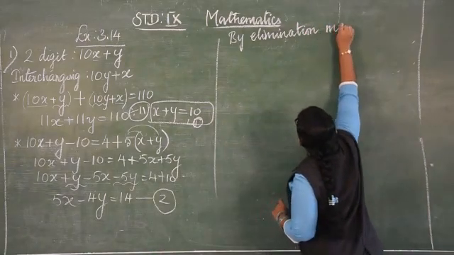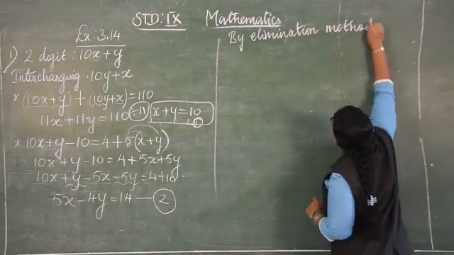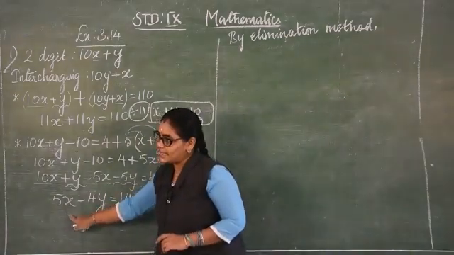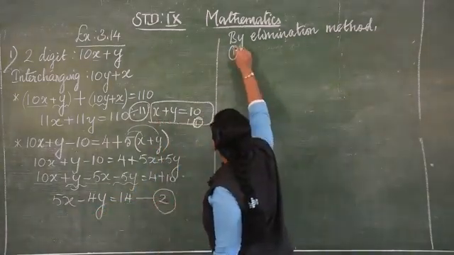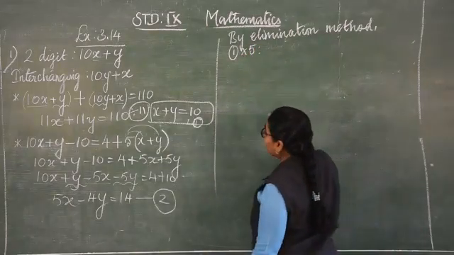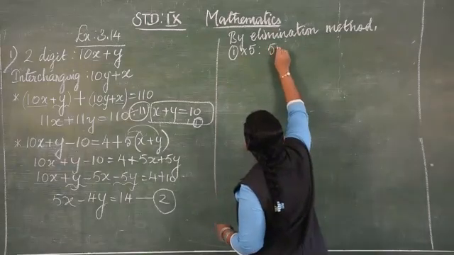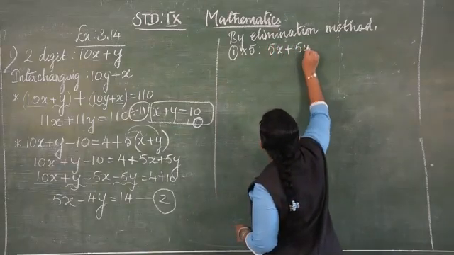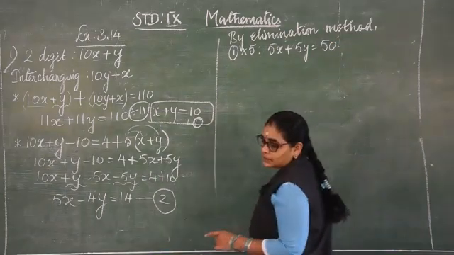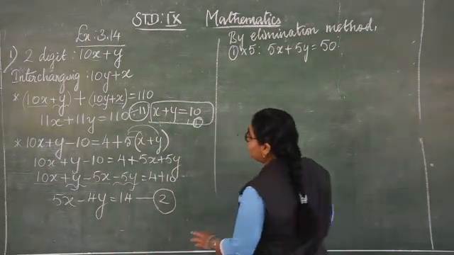By the elimination method, what will you get? I need to eliminate x first. So first equation into 5 because of the elimination method. What will you get now? 5x plus 5y is equal to 50. Now the question is to find the first number.